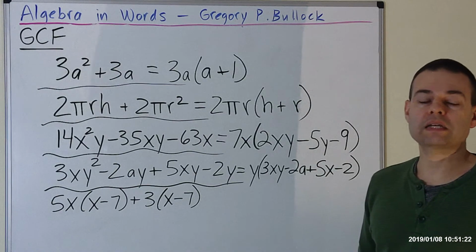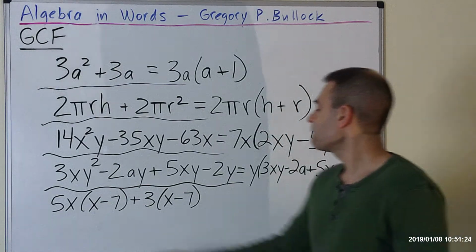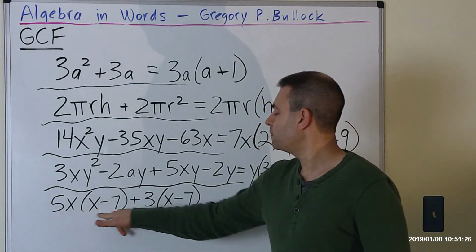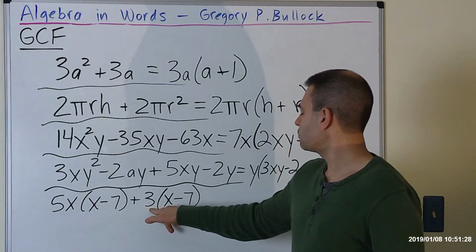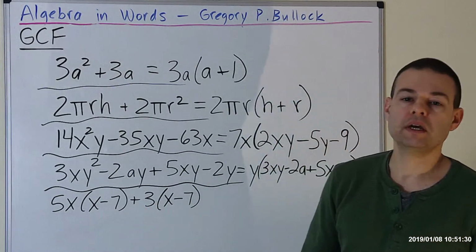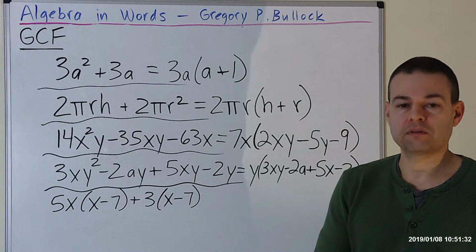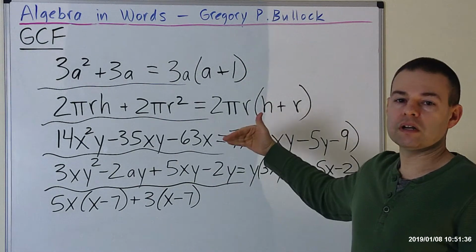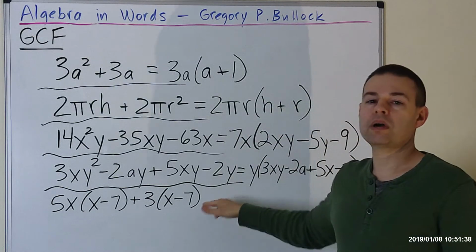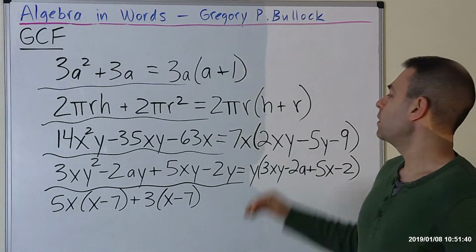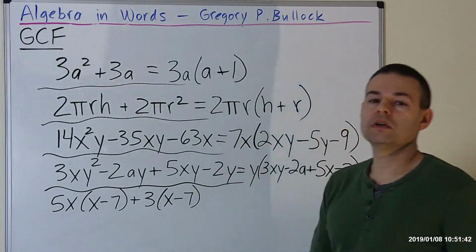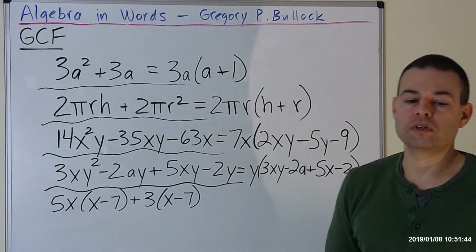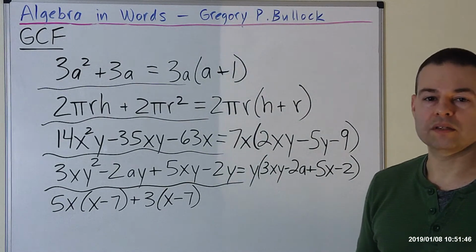That brings us to the last problem for this video. 5x times the group x minus 7 plus 3 times the group x minus 7. I put this on the board for a reason. All of the problems that we've done so far are to lead us to a problem like this. Now, in the previous 4 problems, the greatest common factor was made up of a monomial, or one term.